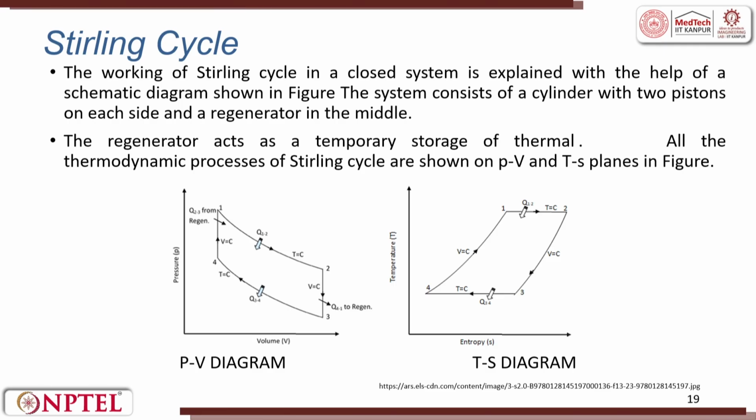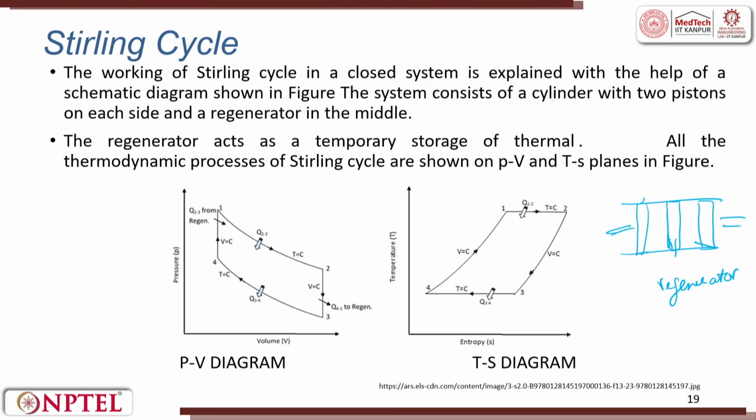The working of a Stirling cycle, a closed system, is explained with the help of a PV diagram and a TS diagram. The system consists of one cylinder with two pistons, on each side of a regenerator in the middle.